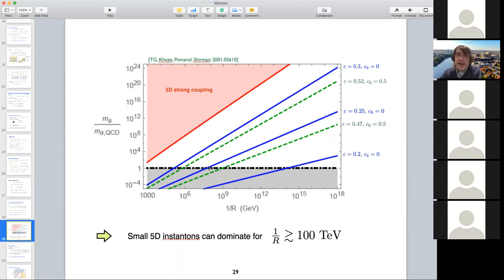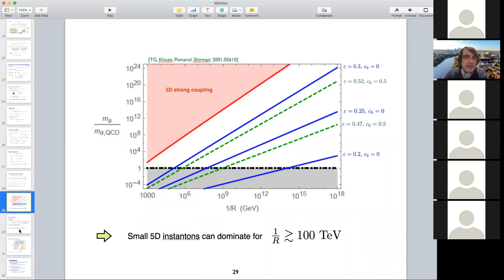But in any case, you can see that these small instantons are giving a new contribution to the axion mass, and they can dominate for extra dimensions which are bigger than 100 TeV. So you don't have to put extra dimensions at 100 TeV. You could put them up at the GUT scale or even the string scale. So that's the effect of this extra dimension.